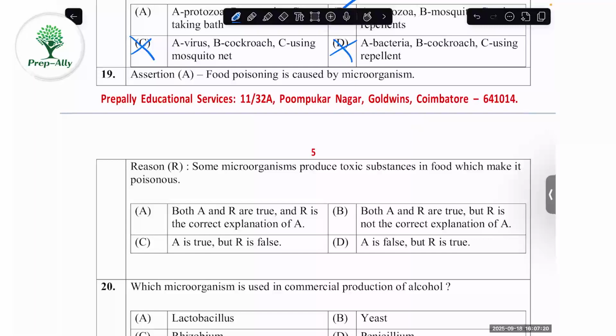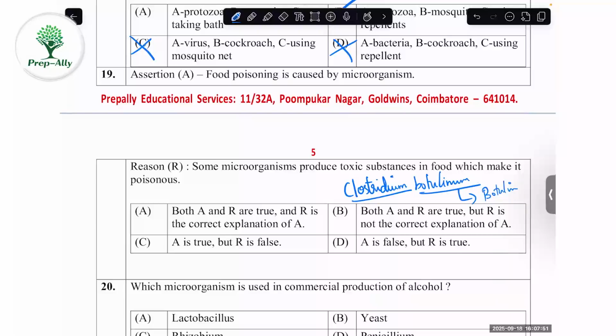Take botulism, for example, caused by the botulinum toxin. It is produced by Clostridium botulinum, a bacterium. This bacterium produces a toxin called botulin.